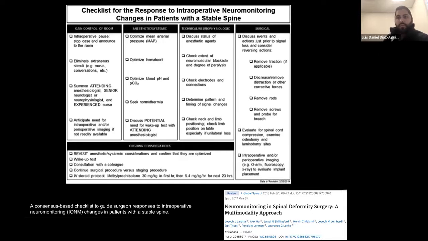You know what I just thought of? I wonder if there's a way to study the use of neuromonitoring for single level ACDFs without myelopathy in surgery centers versus physician owned surgery centers versus hospitals, and if that would show a significant difference.